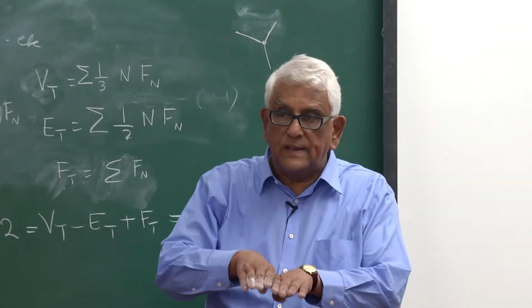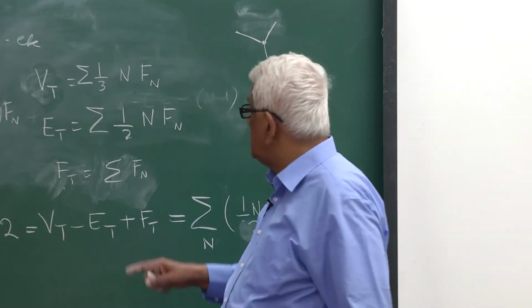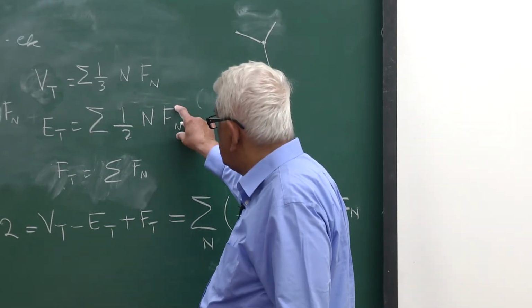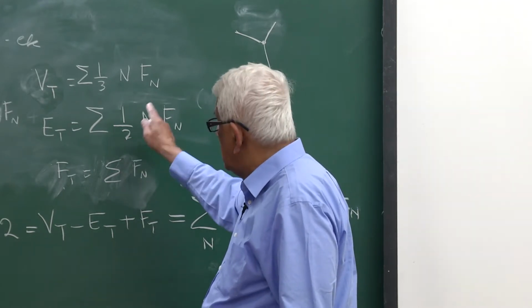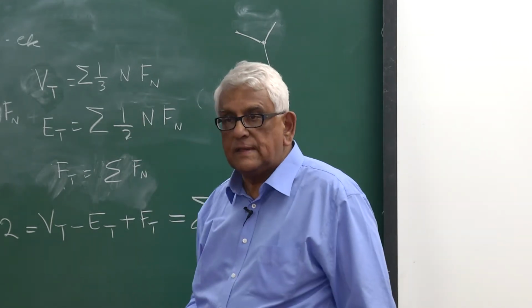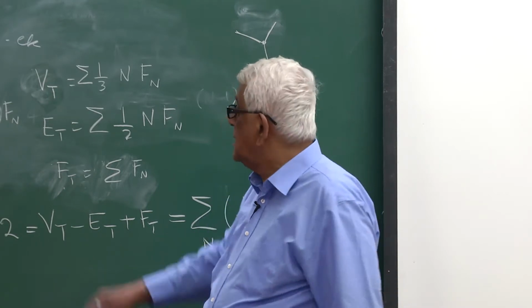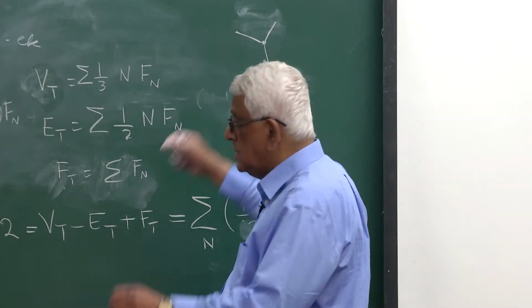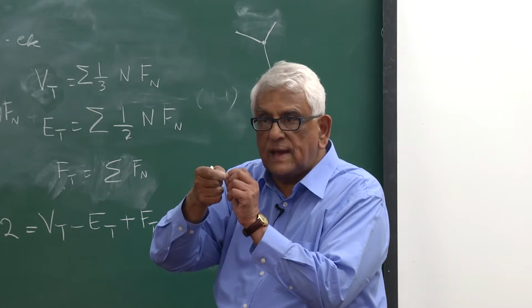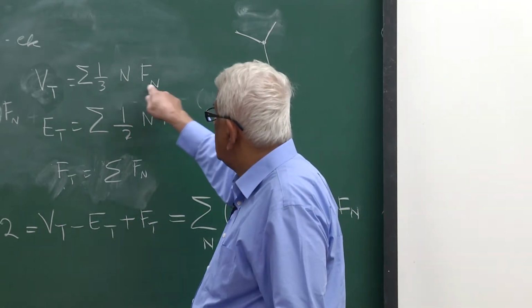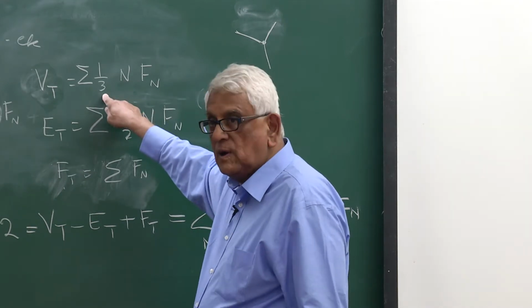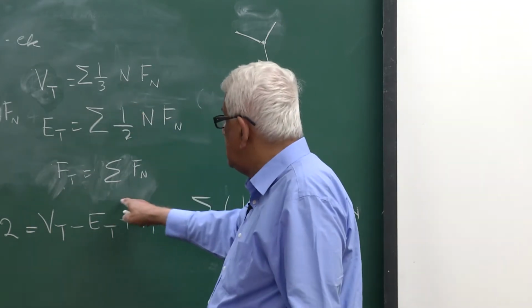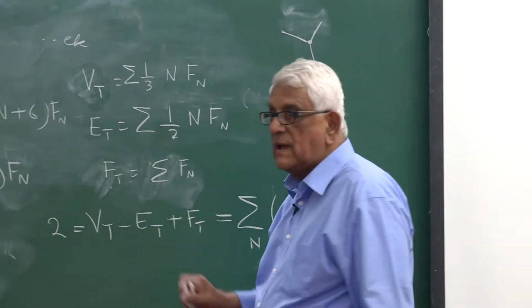I glue 2 edges together, so for each face there are n sides, n edges, you sum them and take half, that is the number of edges. To glue the vertices, I have a rule that I glue 3 vertices together, each F_n has n, that is the total number, sum divided by 3, and for faces the total number is just the sum of F_n.